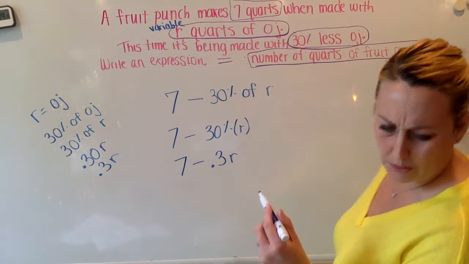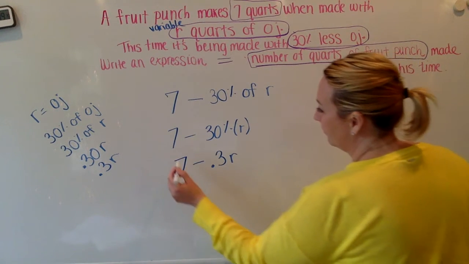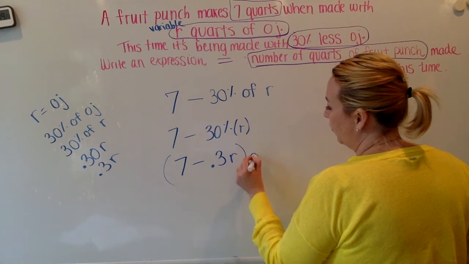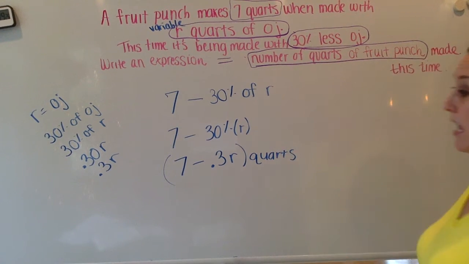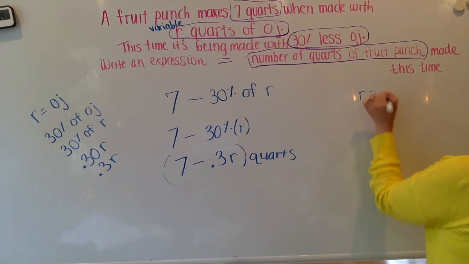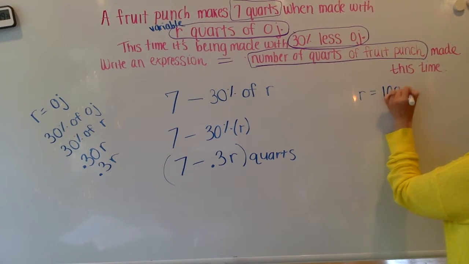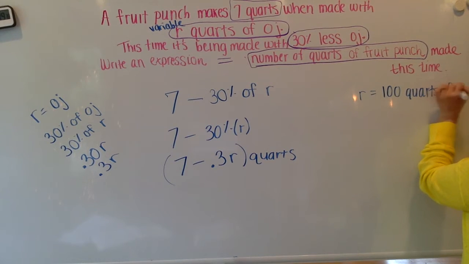And I think I should probably label this with a number. So let's say that, I'm going to use 100 because it's easy. Let's say that usually R equals 100 quarts of OJ.